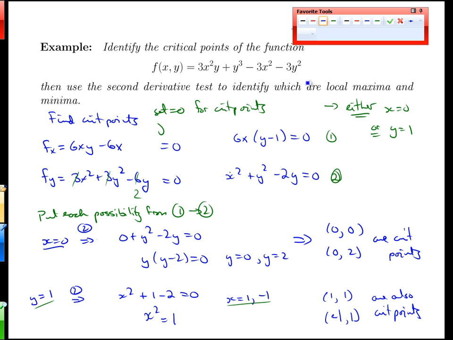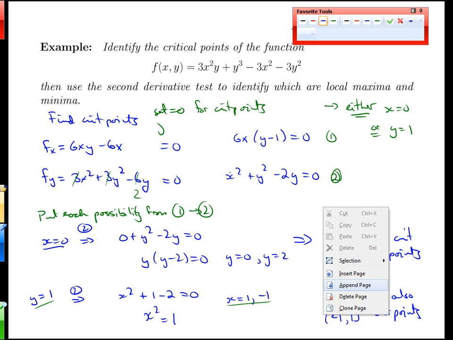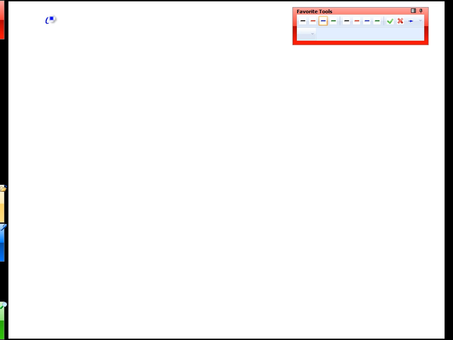Now, next step. Let's identify what kind of critical points they are using that new second derivative test. All right, we're definitely going to need more space for this. So our critical points are (0, 0), (0, 2), (1, 1), and (negative 1, 1).